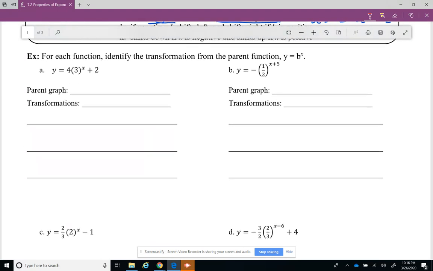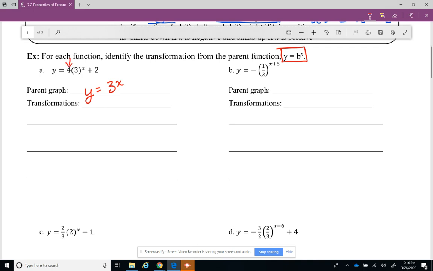These are exponential functions. For each function, identify the transformation from the parent graph. First, let's find the parent graph. Here's b and here's x. It's that easy: y equals 3 to the x. Next, let's define all of the numbers.